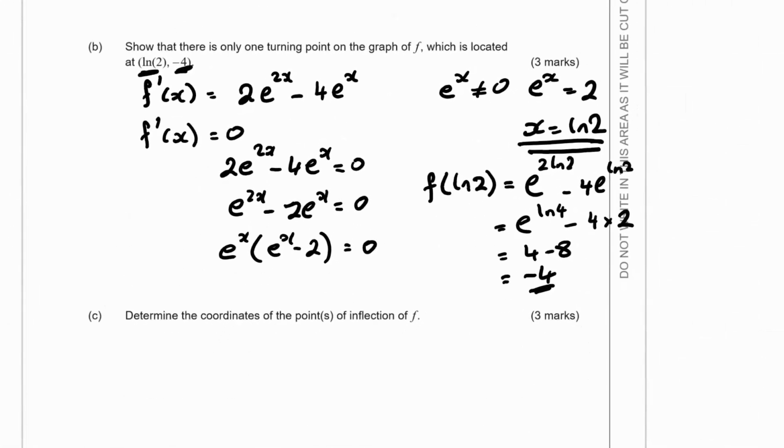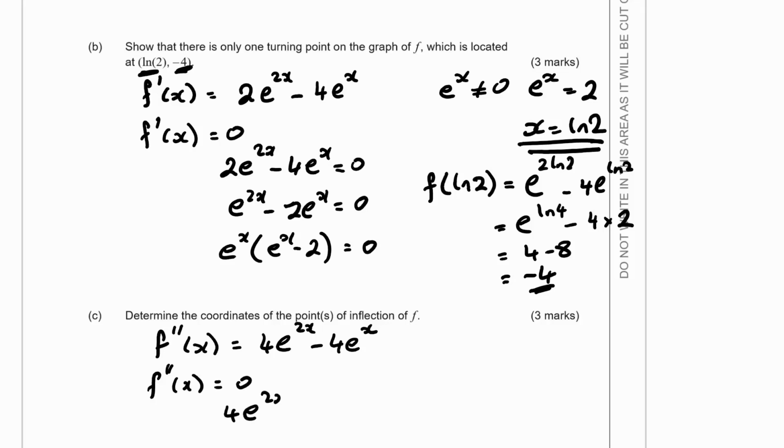Determine the coordinates of the points of inflection of f. So if we differentiate again, we get 4e to the 2x, take away 4e to the x, and we want f double dashed to be 0, which means that 4e to the 2x take away 4e to the x is equal to 0.